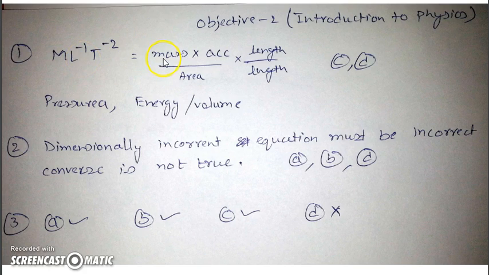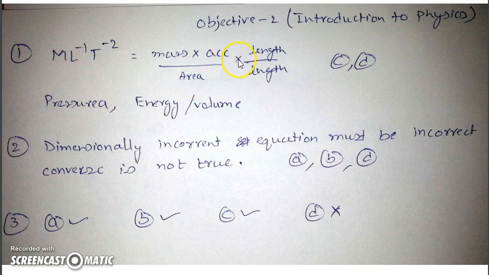M is mass, L T minus 2 is acceleration. Because it is minus 1, we have to divide by L square, so area. So we get M L minus 1 T minus 2 as mass into acceleration upon area.